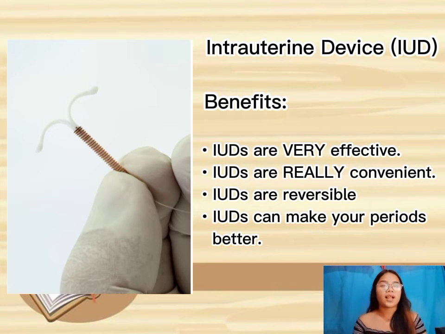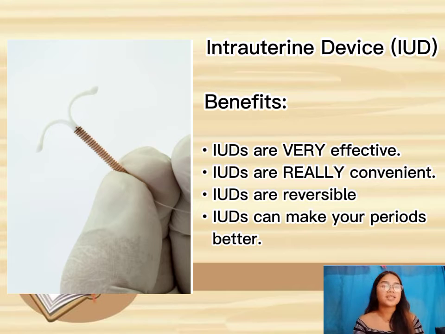They work as well as sterilization and the birth control implant. IUDs are one of the most effective methods you can get because there's almost no way you can mess it up. You can't forget to use it like the pill or ring, or use it incorrectly like condoms. IUDs are set it and forget it birth control.